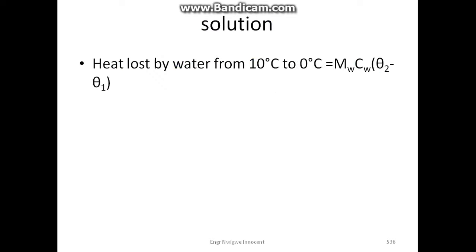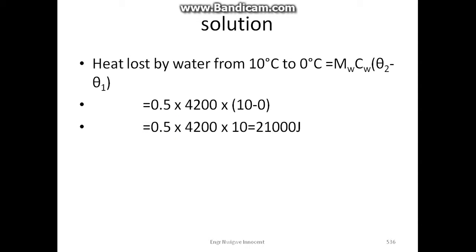Solution. Heat lost by water from 10 degrees centigrade to 0 degrees centigrade is equal to mw Cw (theta 2 minus theta 1), which equals 0.5 times 4,200 times (10 minus 0), equals 0.5 times 4,200 times 10, equals 21,000 joules.